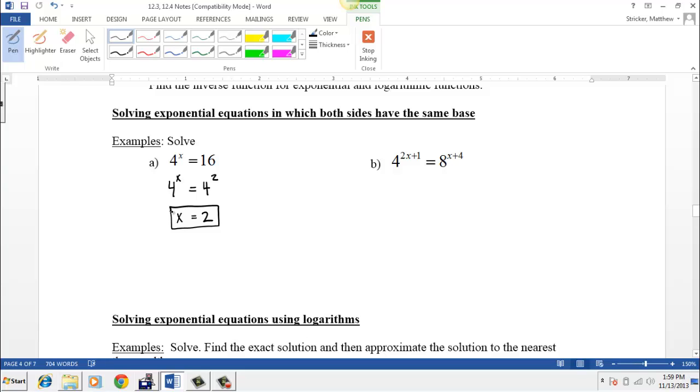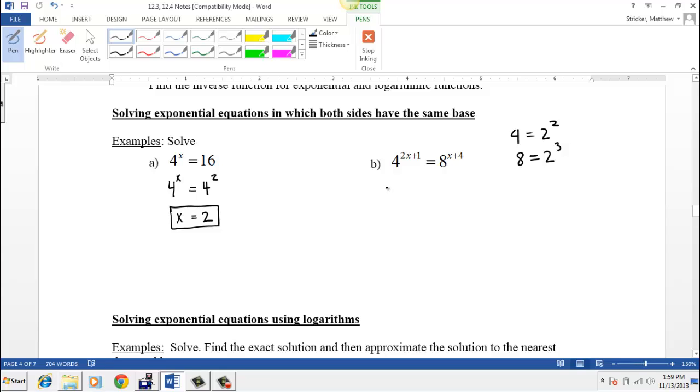Now I can do the same thing with the next one. What base should I use though if I have 4 and I have 8? Well, 4 is 2 squared, right? 4 is 2 squared, and 8 is 2 cubed.